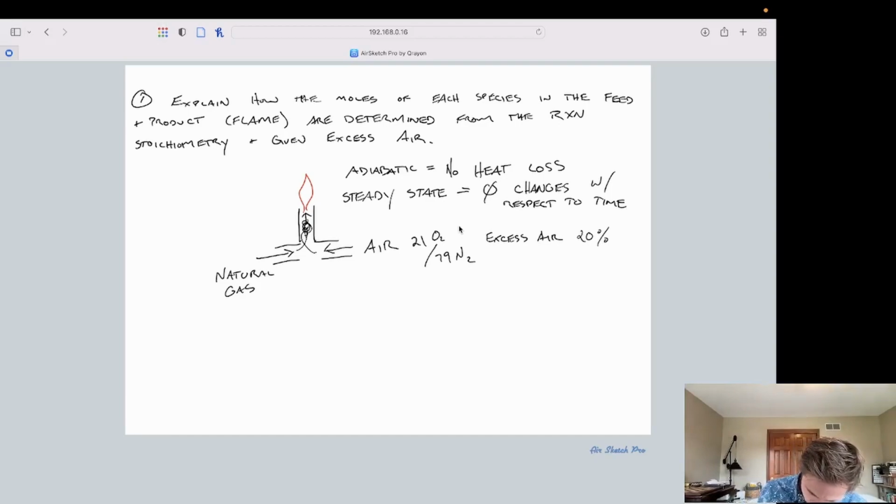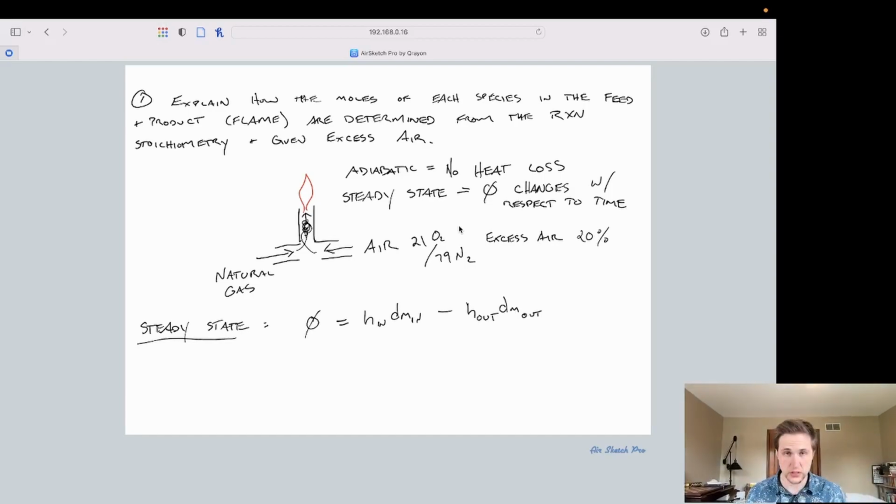And so let's write out what that looks like regarding the enthalpy of our situation with our steady state. Our enthalpy change is going to be 0. So our enthalpy coming in minus our enthalpy leaving the system equals 0.